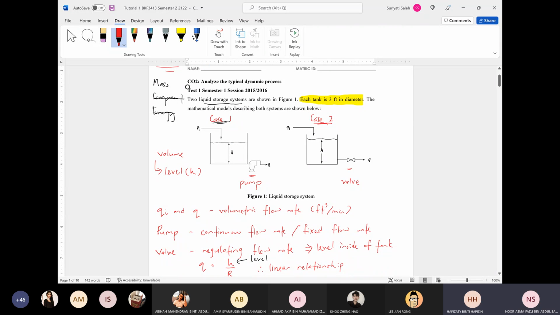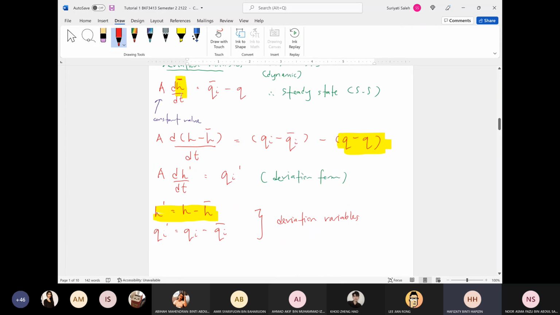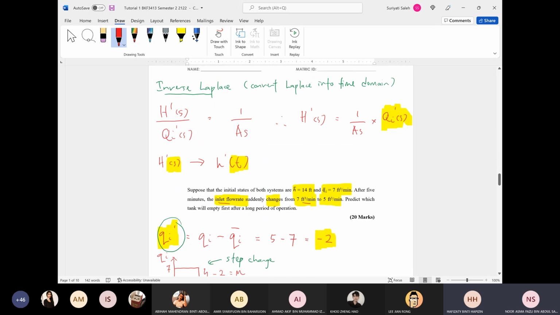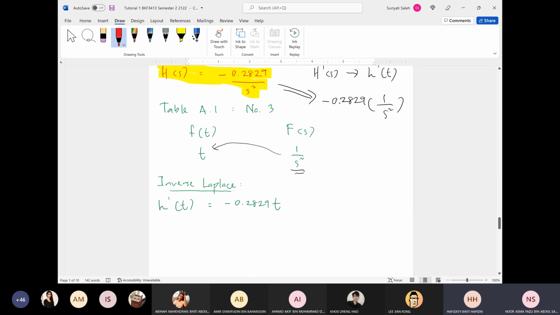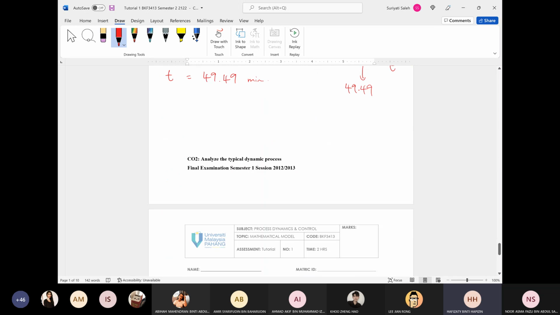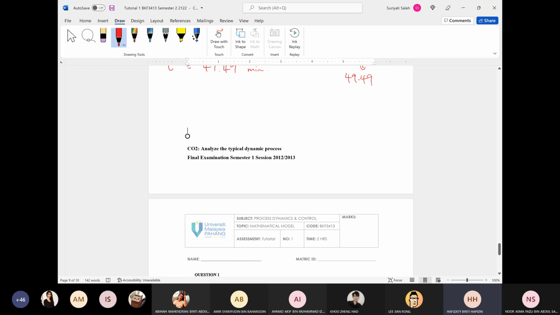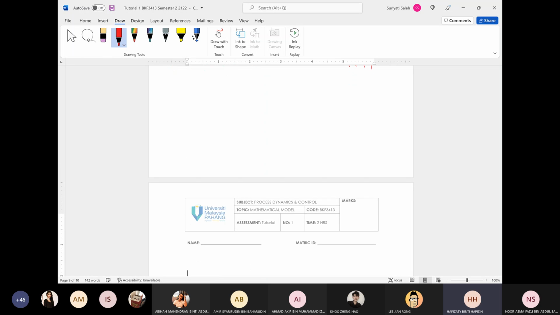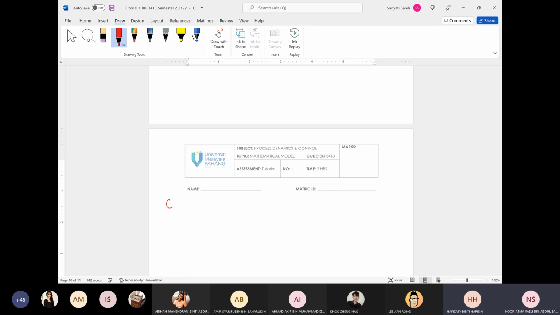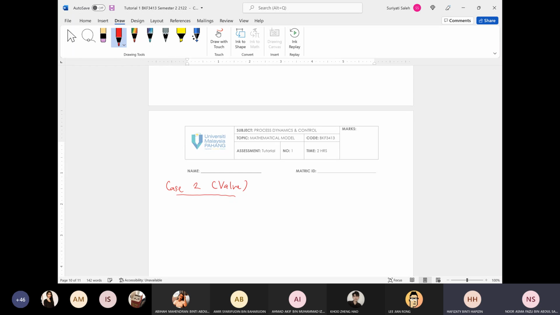For case study 2, with the valve, it has the same inlet and the same outlet. Since it has the same inlet and outlet, your overall mass balance should be the same as what you have with the pump.